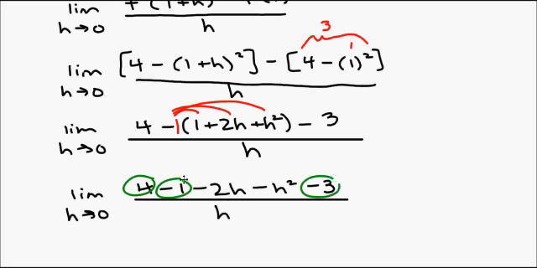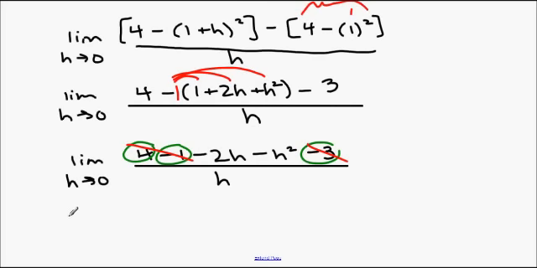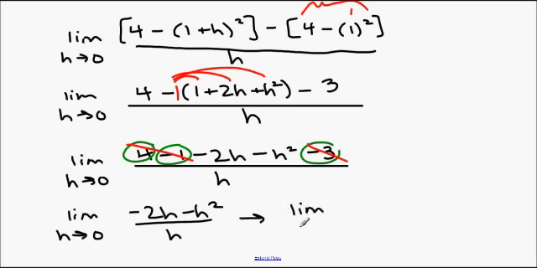And 4 minus 1 minus 3 all cancels out. Okay, how's that for simplifying? So we have the limit as h approaches 0 of -2h minus h squared over h. These all have an h in them, so I'm going to say the limit as h approaches 0 of -2 minus h. Okay, so I just canceled out those h's.